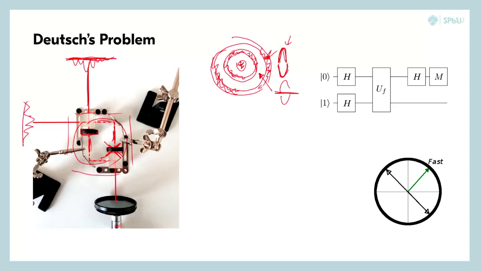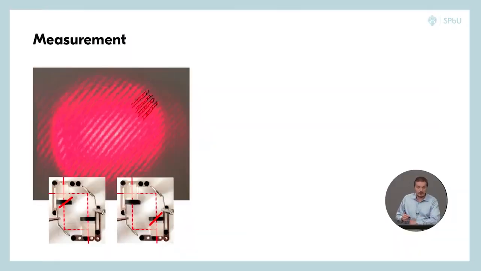And this is how we can distinguish the difference between the constant function and a balanced function. And this is what we have, the balanced function here. So the wave plate on one path, here on the right and here on the left path.